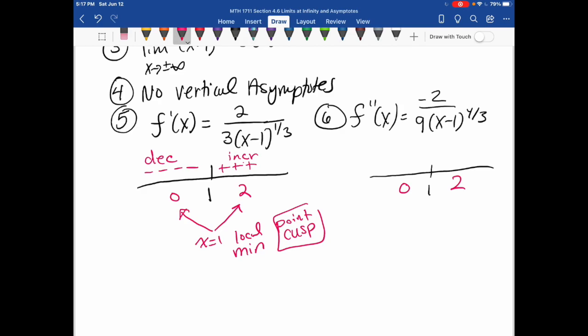I'll use the same points, 0 and 2. When I plug in 0, I'm going to get that it's negative, so that means it's concave down. And then when I plug in 2, I'm also going to get a negative value, which also means it's concave down. So most of the graph is going to be concave down except for that point at x equals 1.